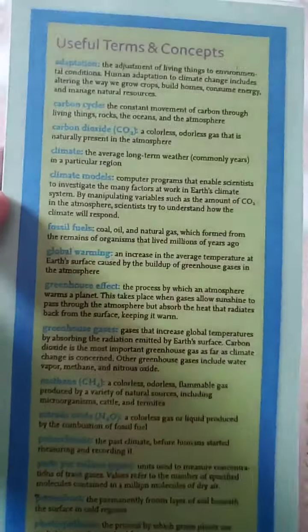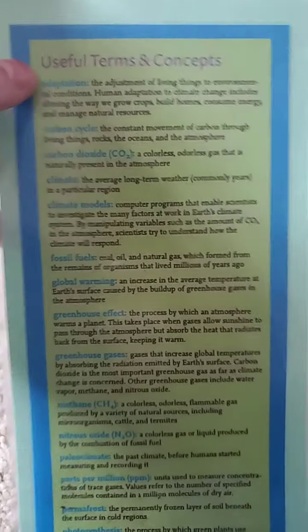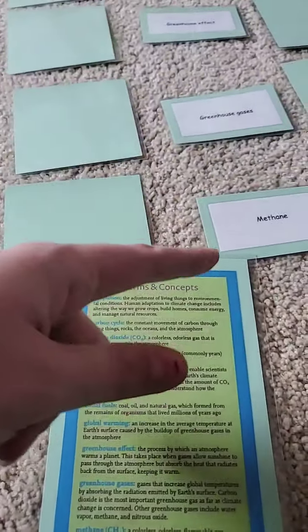What I would suggest, I sent you this through email, is I would print this side off. Then all these highlighted blue words, I would write those blue words on a piece of paper like this.